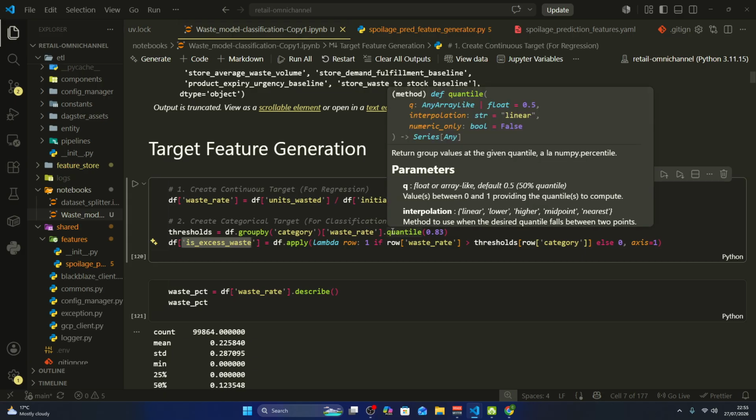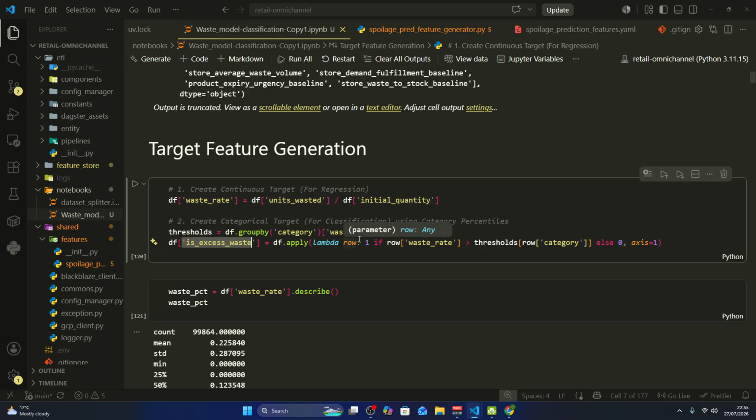Anything greater than the threshold, we categorize as one. That means that for that shipment we actually realized waste. So that is what this target generation means.